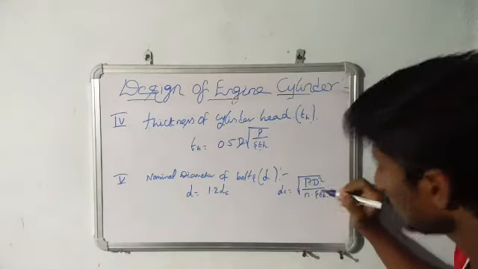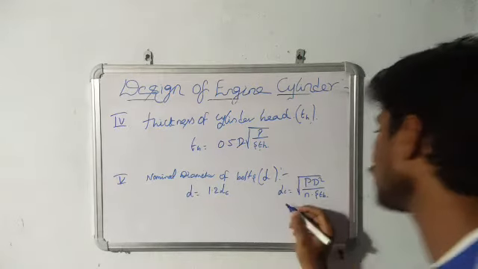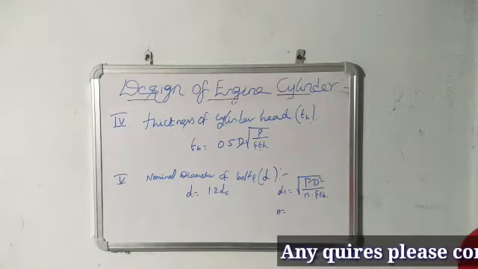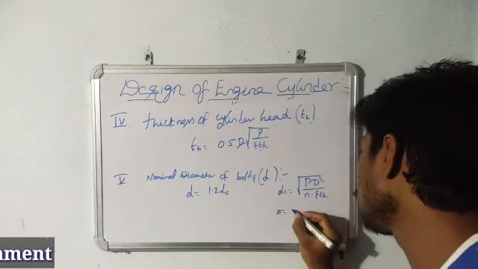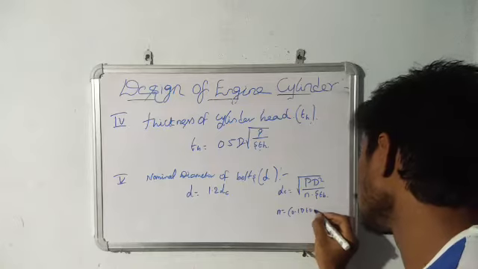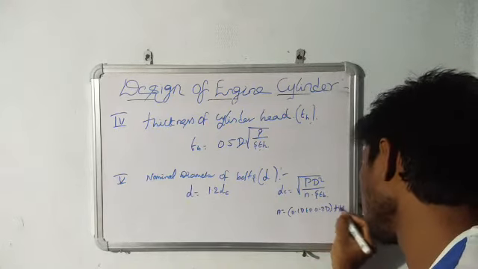Here P is the maximum pressure and D is the diameter of the cylinder. Next, N is the number of bolts. How many bolts do we prefer in the cylinder? N equals 0.1D to 0.2D plus 4.